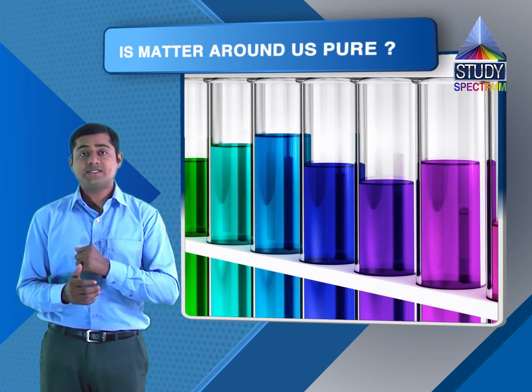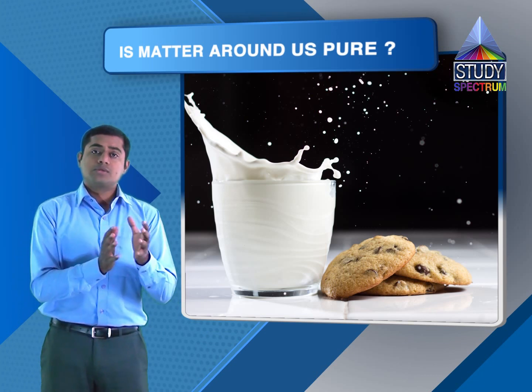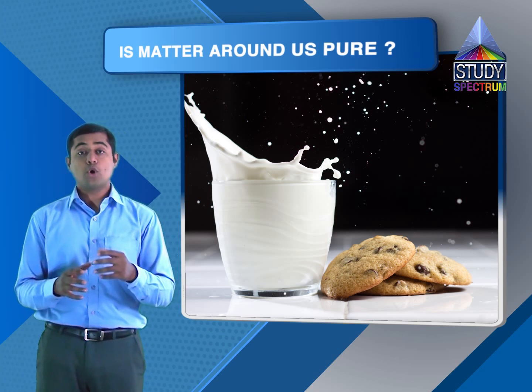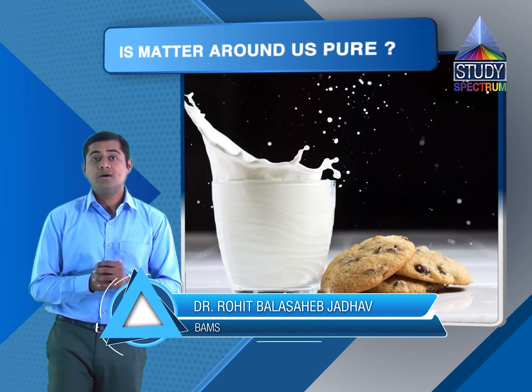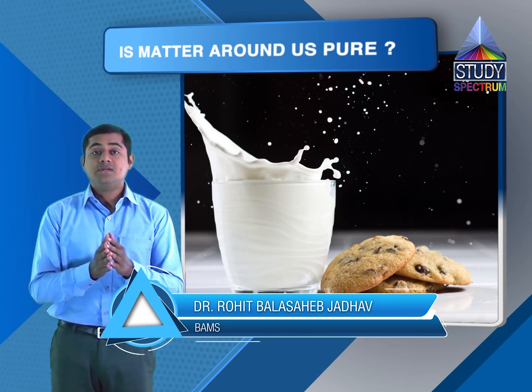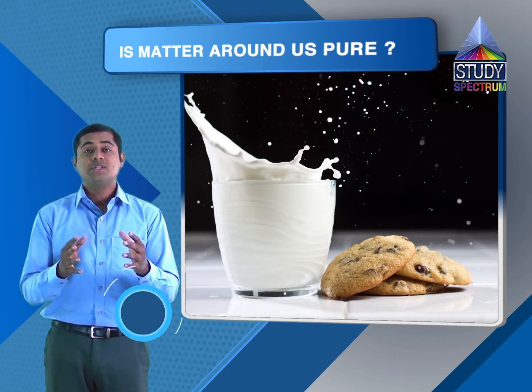Let's have the next example. How are we going to separate the cream from the milk? Now we all know milk is a colloidal solution where there are solid particles of the cream dispersed throughout the water content of the milk.